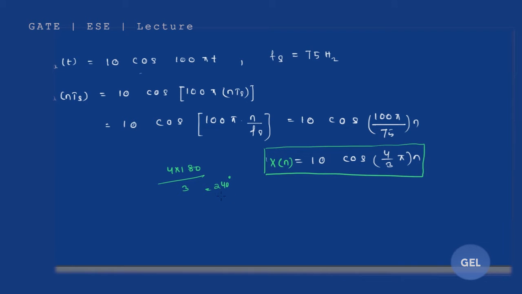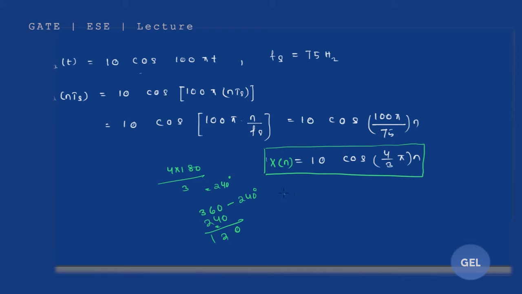So let's subtract 360. Cos always has a period of 2 pi, no? So 360 minus 240 degrees, that will come out to be something around 80 degrees, I think. Yes or no? No, sorry. 360 minus 240 is 120 degrees.